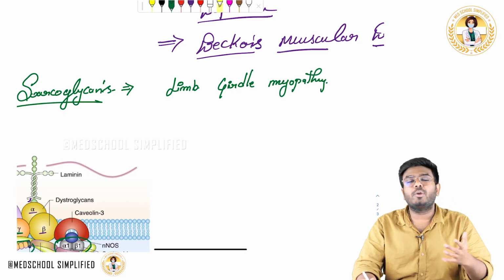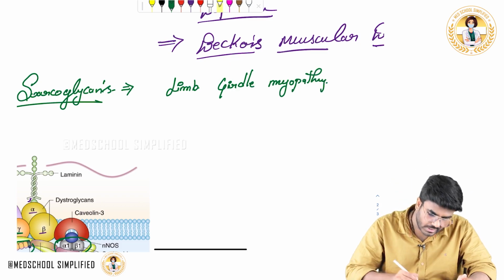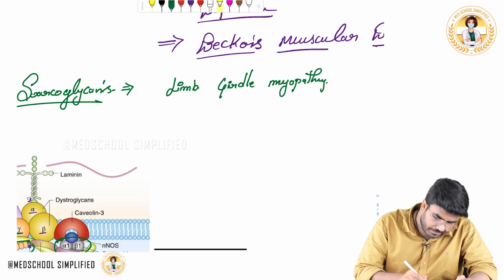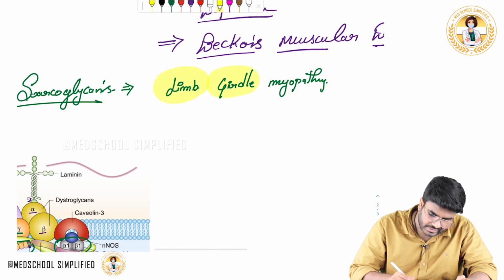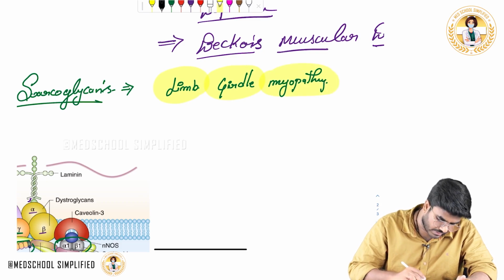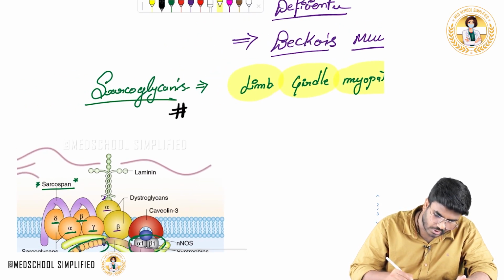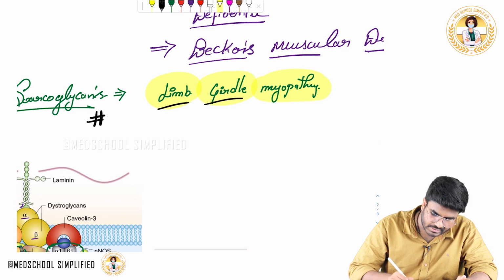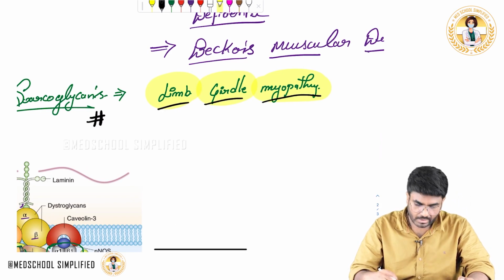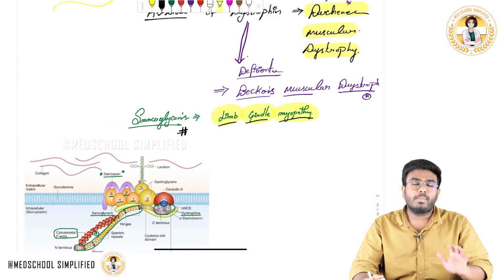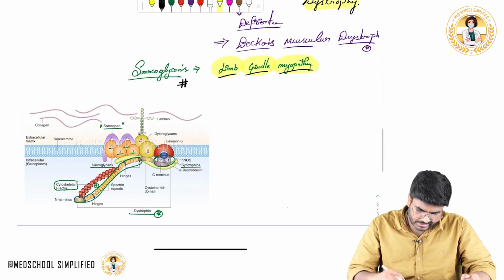So limb girdle myopathy or limb girdle muscular dystrophy is going to be seen whenever there is a defect in the sarcoglycans. With this, the sarcolemma important points are completed.